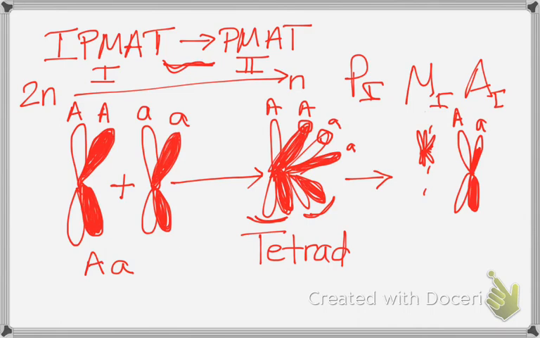And if you look at the other pair, this one carries the dominant trait on the end, but this one is all recessive. This is crossing over.